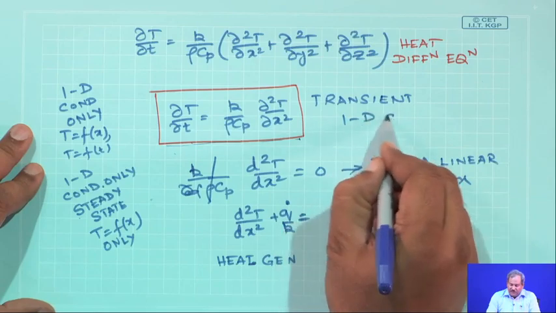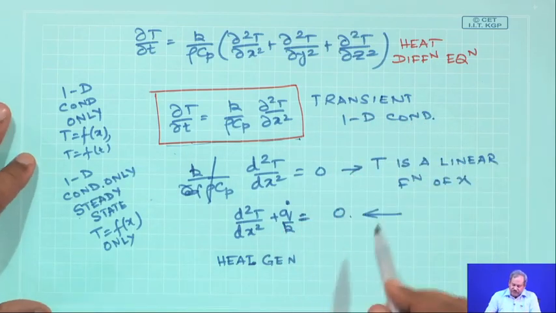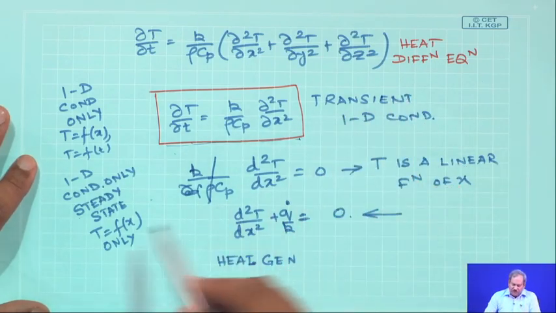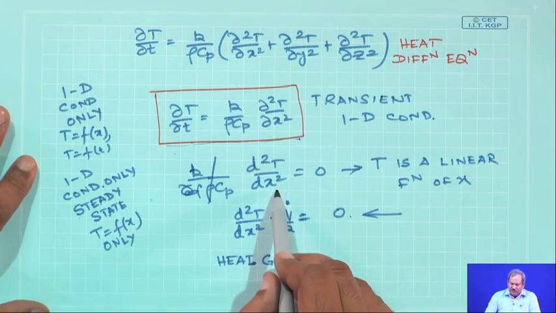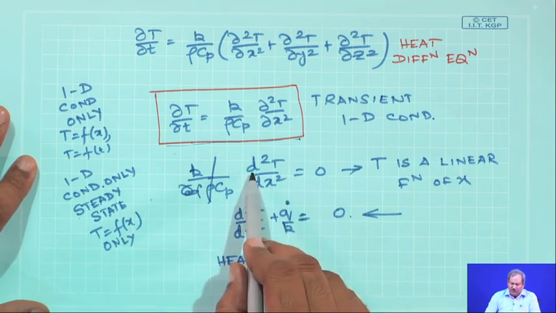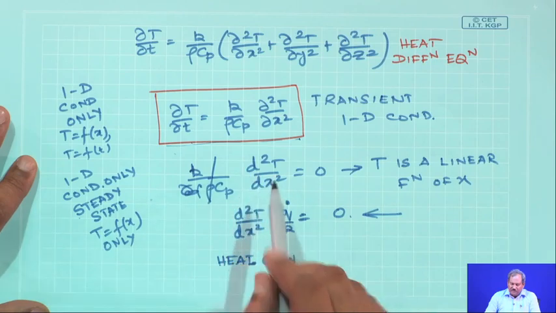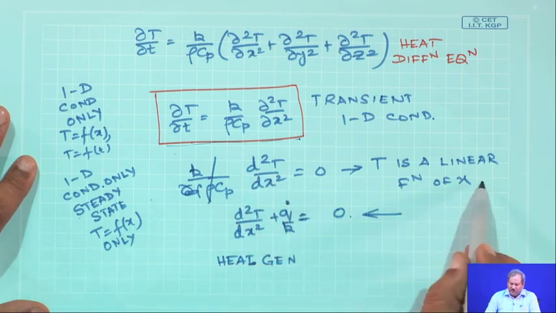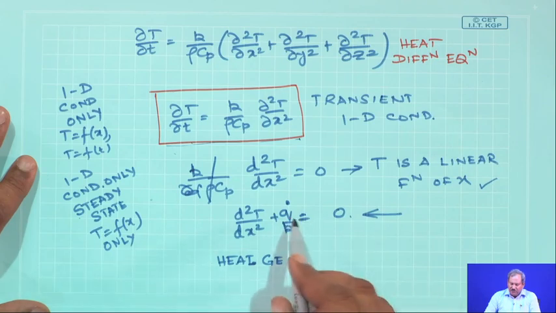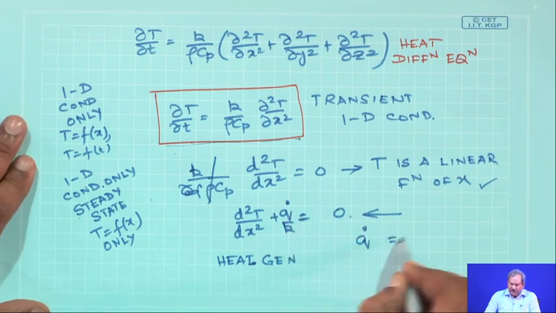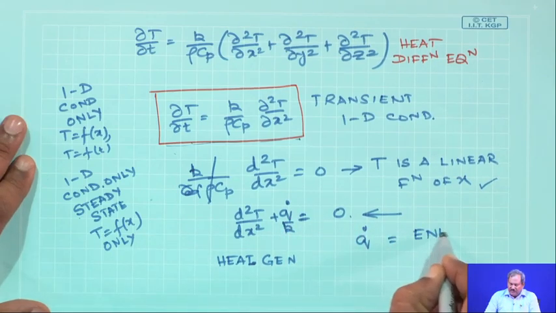And when you drop the transient, make it a steady state, you simply get d2T dx square is equal to 0. No need to use a partial differential since temperature is a function of x only. So, T is a linear function of x, and if it is a system with heat generation, you simply add the heat generation term where q dot is the energy generated in the system per unit volume.